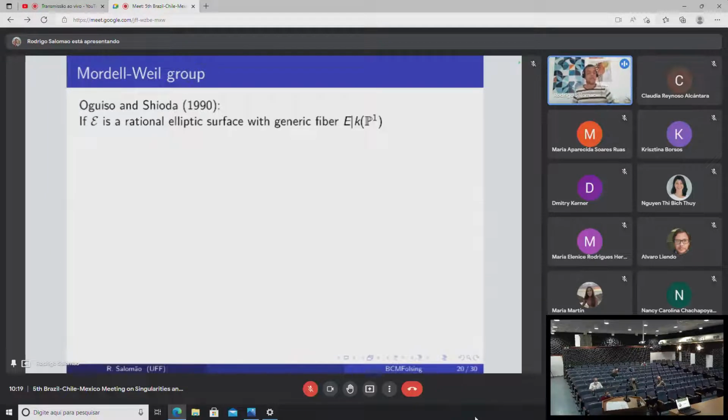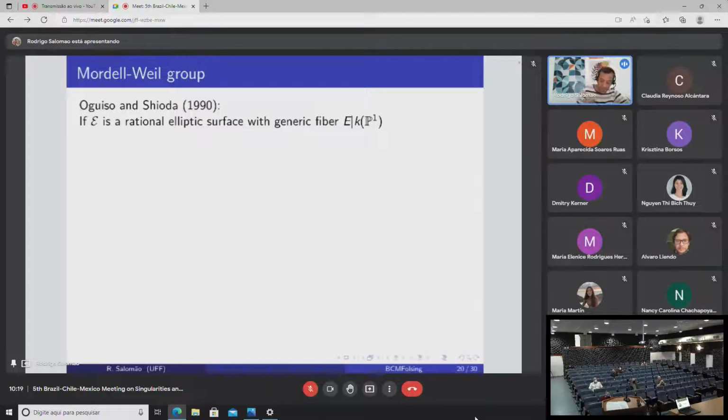So another important object in order to stratify the set E is the Mordell-Weil group associated to an elliptic curve.